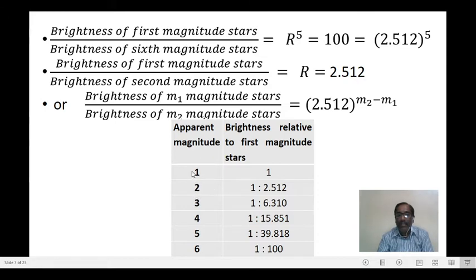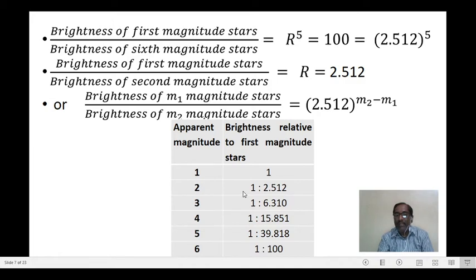Now in the chart, the first column gives the apparent magnitude of the six groups of stars. As we move from first magnitude stars to sixth magnitude stars, the apparent magnitude increases. If the apparent magnitude increases, the apparent brightness decreases from first magnitude star to sixth magnitude stars. The second column gives the brightness relative to first magnitude star. Brightness of first magnitude stars relative to first magnitude stars is 1.